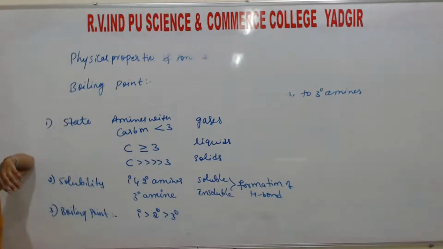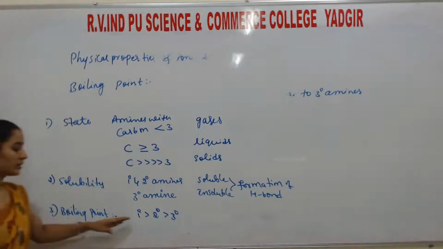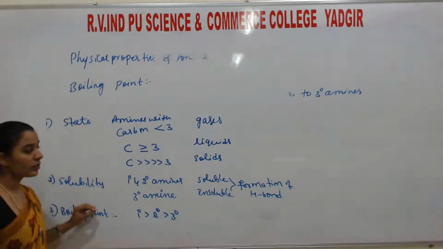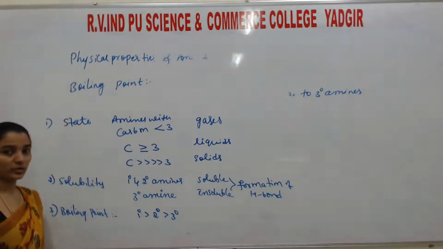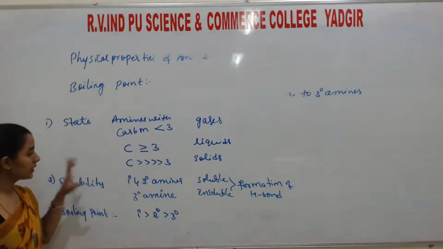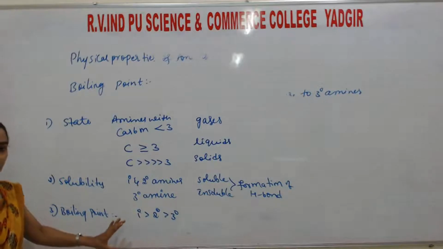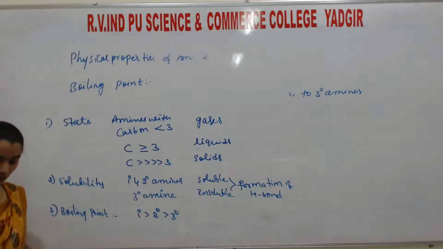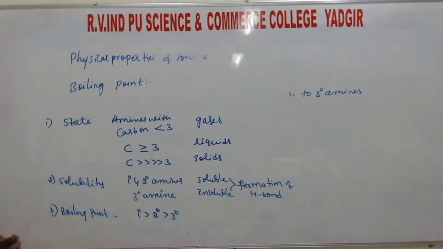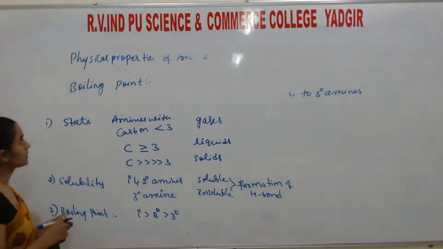So tertiary has the least boiling point and primary amines have the highest boiling point because of the formation of hydrogen bonds. In the physical state, you have to remember only this much. Understand? Okay. So the next one is the basic character of amines.